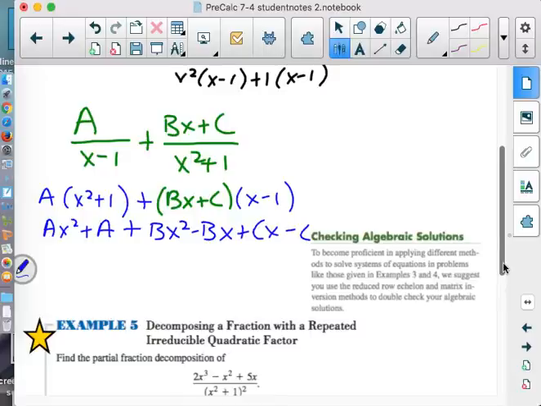So let's group our squares together. Group our x's together. And group the constants.